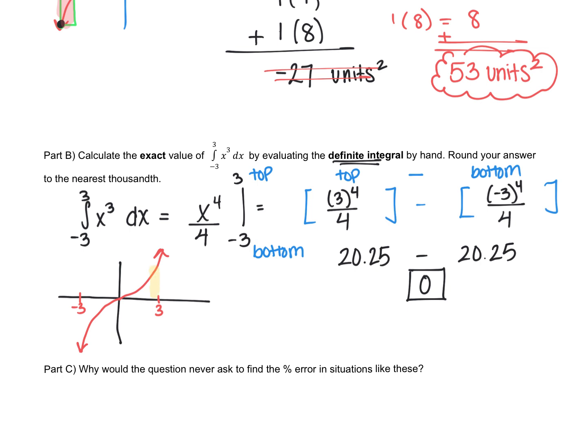So it would go from here to here without going over, and from here to here without going over. And if you notice, that area is identical. And as we learned in the first page, this area should be positive and this area should be negative. So it's not going to be an over approximation or an under approximation. It's going to be exact. And in this case, if this is positive and this is negative, it's just going to cancel out to 0.